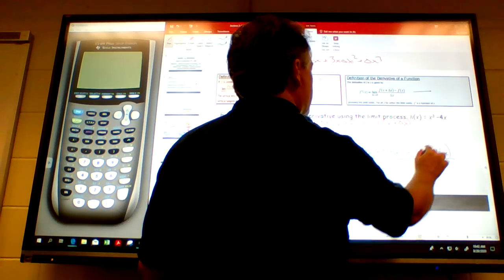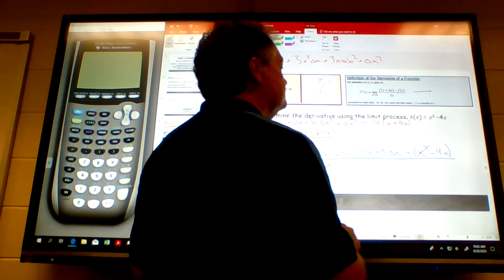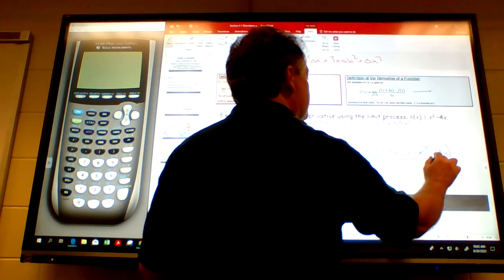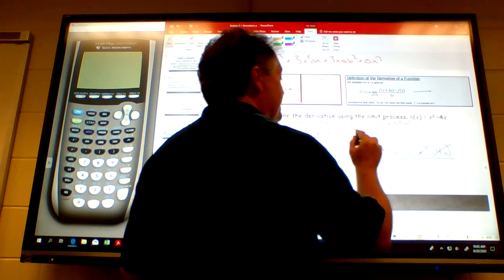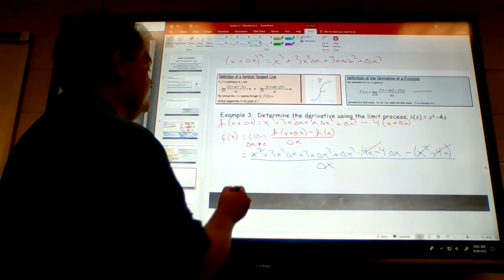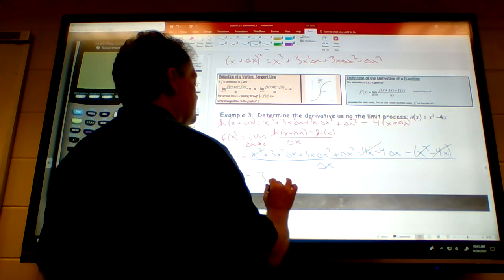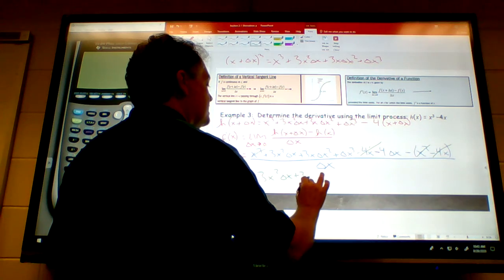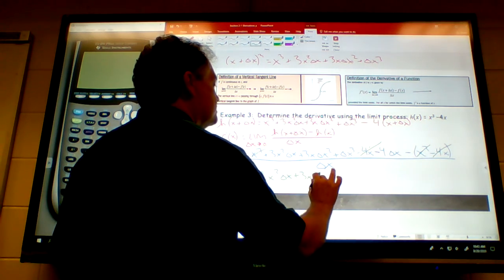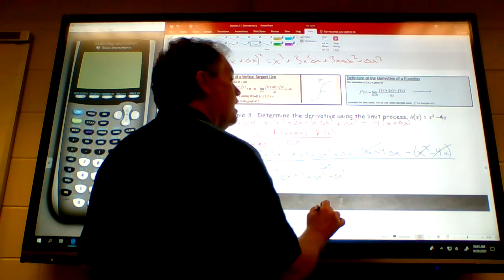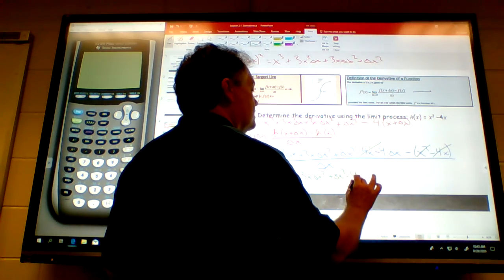All right, so here's what happens when we do that. The x to the thirds cancel, and the 4x's cancel. Remember, minus negative makes it plus, and then that cancels with that. So I am left with 3x squared delta x plus 3x delta x squared plus delta x cubed minus 4 delta x.